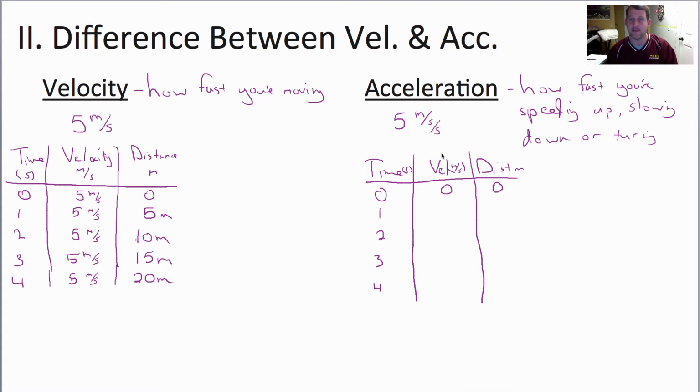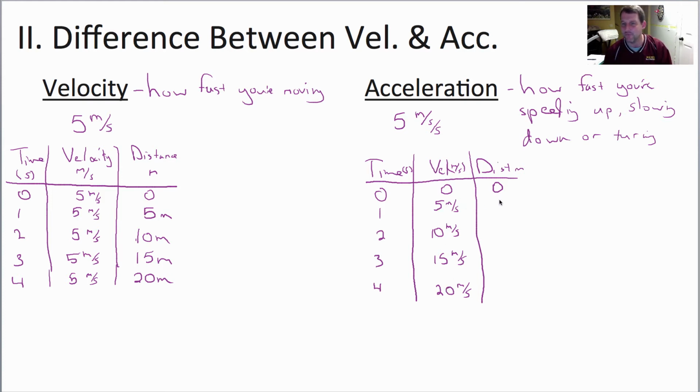So our acceleration means that every second, we're going to increase by 5 meters per second. So our velocity is 5 meters per second here. And because we're speeding up, the next second it's going to be 5 meters per second faster, so 10 meters per second, 15 meters per second, 20 meters per second. So we've been speeding up this entire time.